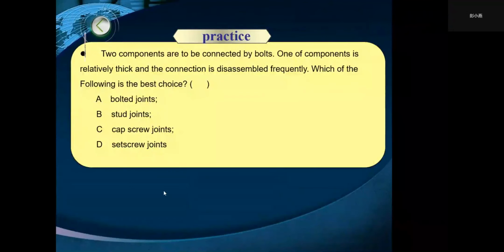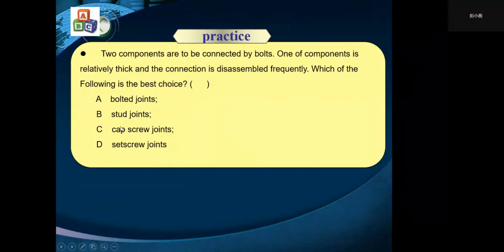Okay, let's see the exercise. Two components are to be connected by bolts. One of the components is relatively thick, and the connection is disassembled frequently. Which of the following is the best choice? A. Bolt joint.